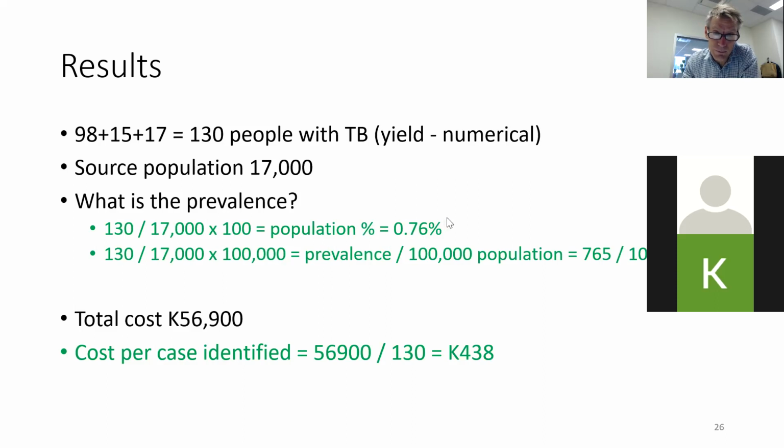So not quite 1% of people, but the prevalence per 100,000 was 765. So 130 divided by 17,000 times 100,000 gives you a prevalence per 100,000 of 765.